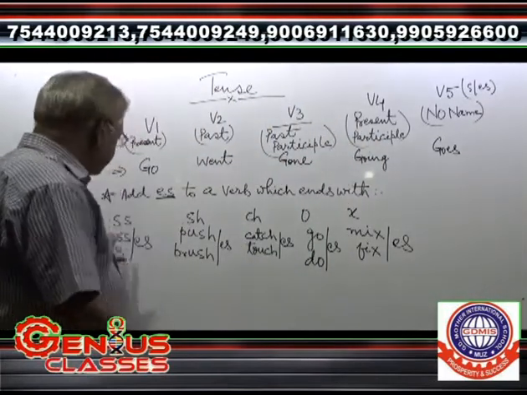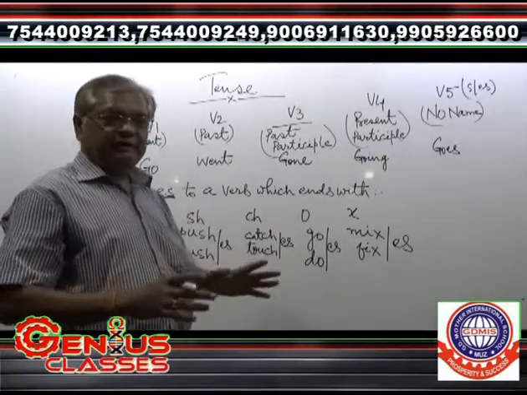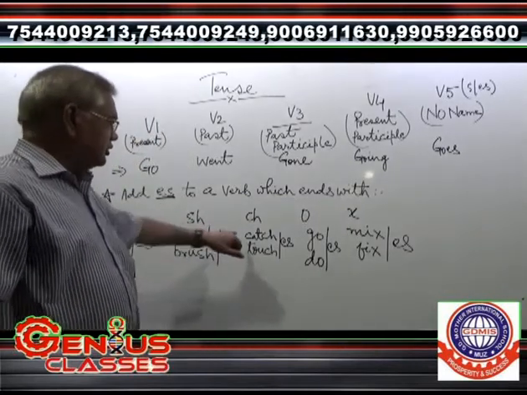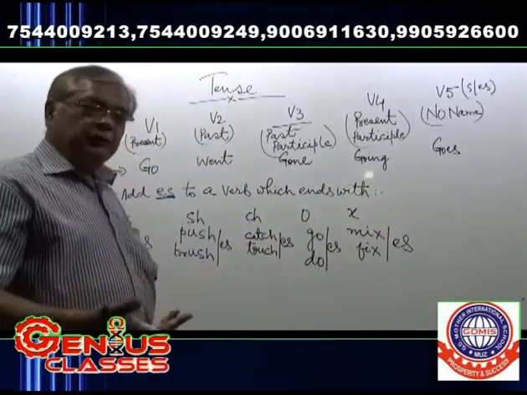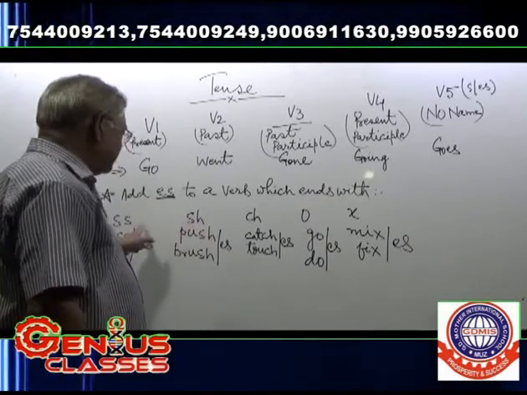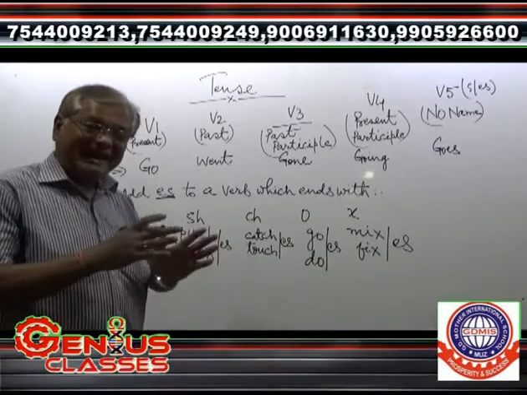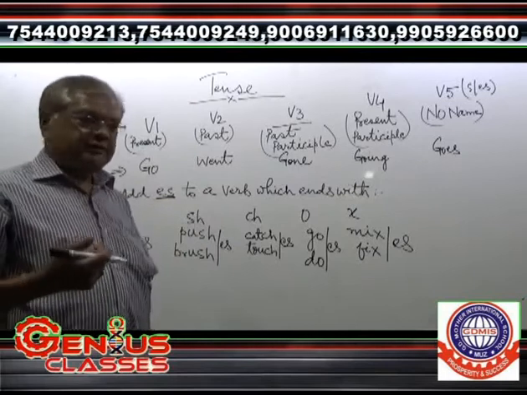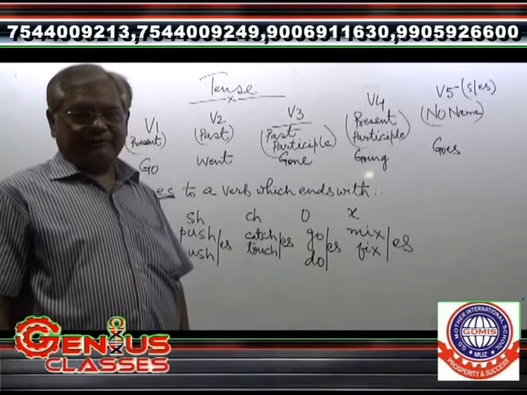So these are the 5 endings which I have indicated: any accent word which ends with double S, SH, CH, O and X, only in the case of these letters is ES added. For the rest of the verbs we can just add the single letter S.